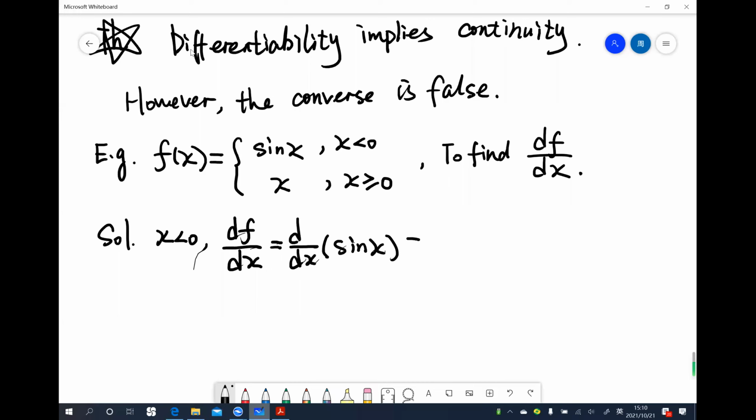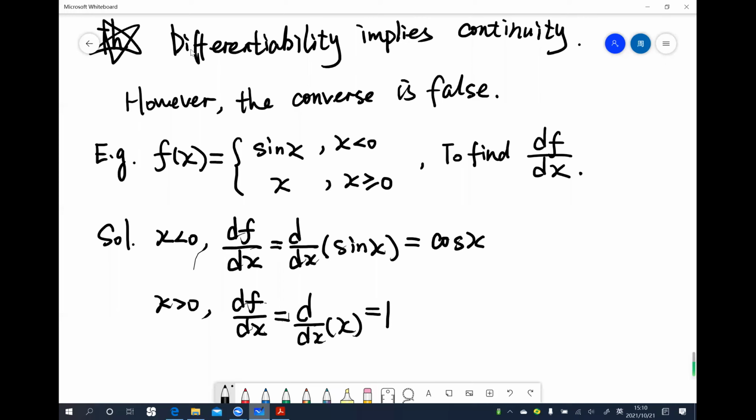So here, from the formula, we know that equals cosine x. And if x is larger than 0, we know df by dx here equals dx by dx, right? And we know that equals 1.